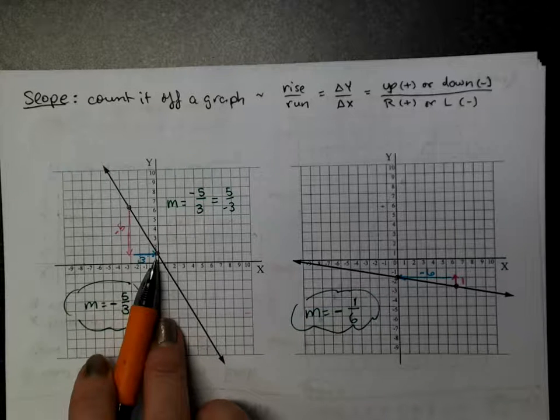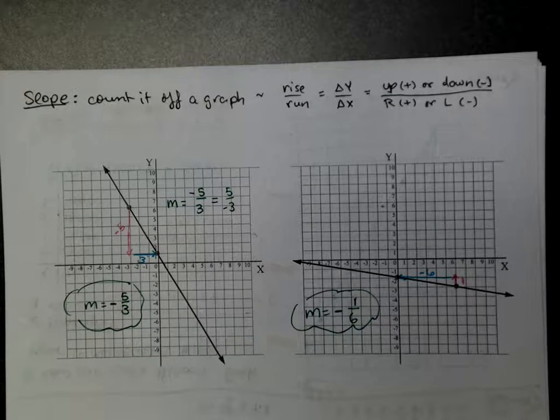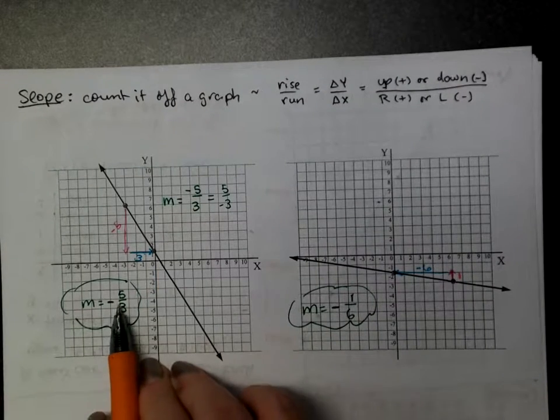Yeah, the y-intercept. Because remember our slope-intercept form is y equals mx plus b, and b is specifically your y-intercept. You have to plug in y equals 0 and solve for the x-intercept if you want that one. But slope-intercept form gives you m and b. M is your slope, boom, negative 5/3.